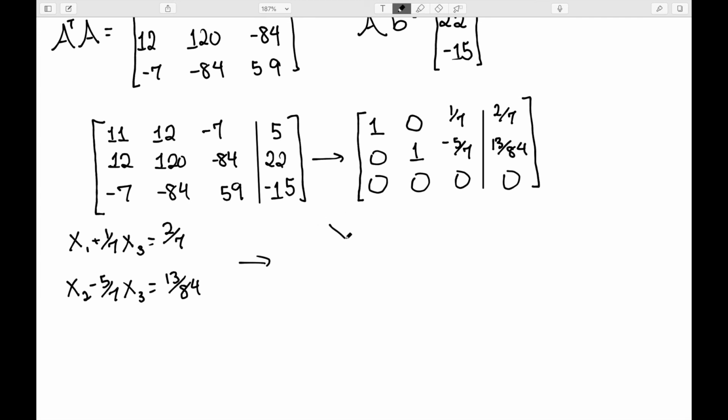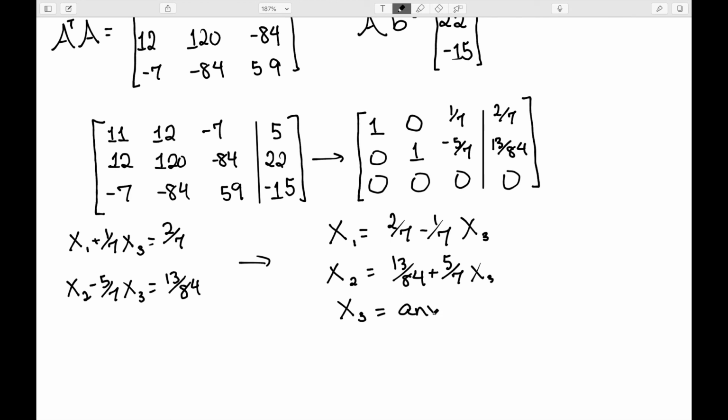So I can rewrite this as x1 is equal to 2 over 7 minus 1 over 7 x3. x2 is 13 over 84 plus 5 over 7 x3, and x3 is equal to any value. So any solution that satisfies this set of equations will be a least squares solution to this system. So this one has infinitely many possible least squares solutions.